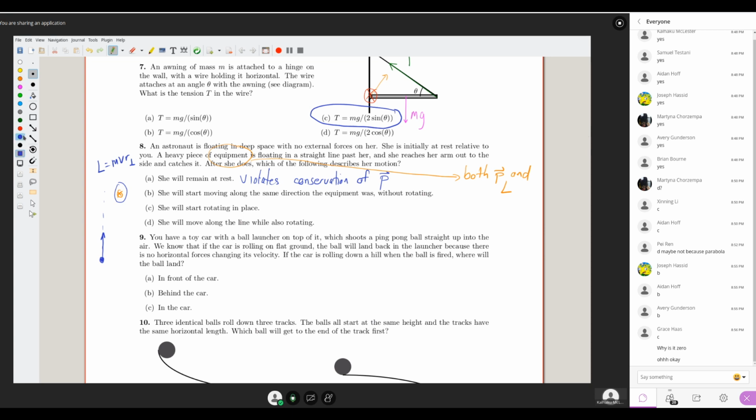So choice A violates both conservation of momentum and conservation of angular momentum. So choice A is wrong.